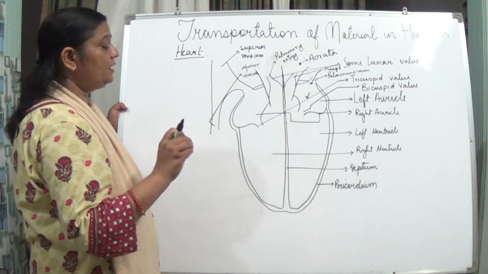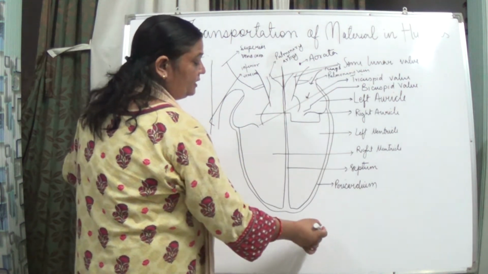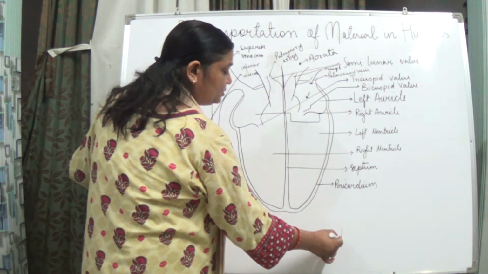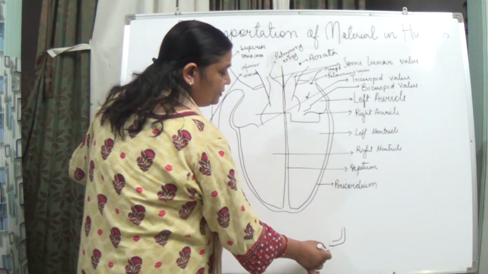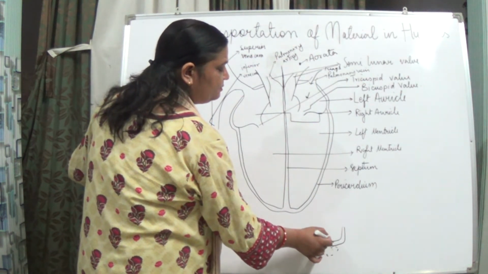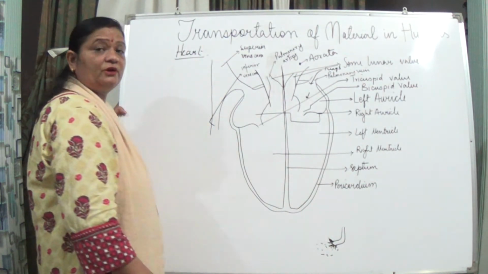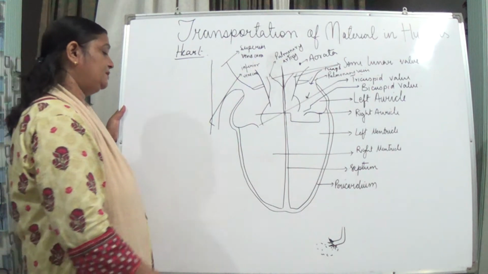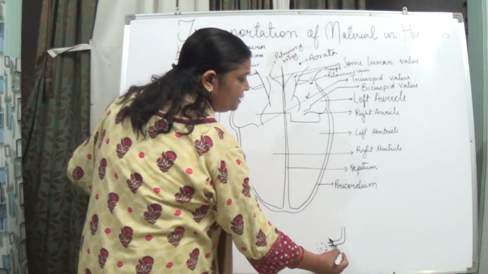So where the digested food is present, what happens? The blood reaches that position. Suppose digested food is present over here. There are capillaries, small blood capillaries, because here the diffusion has to take place. It oxidizes the food present over here, thereby releasing what?